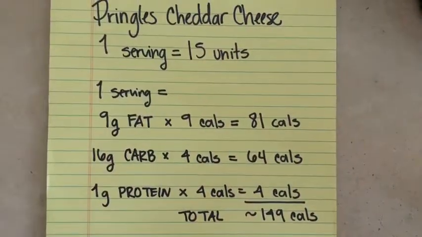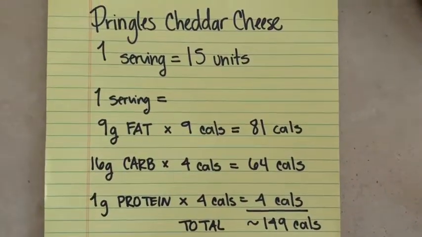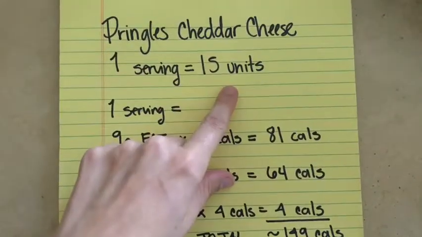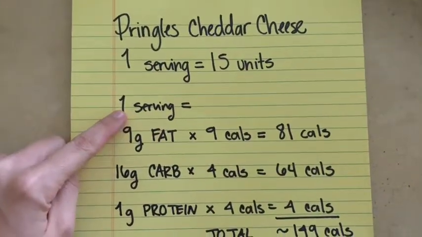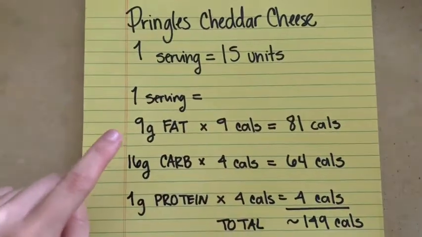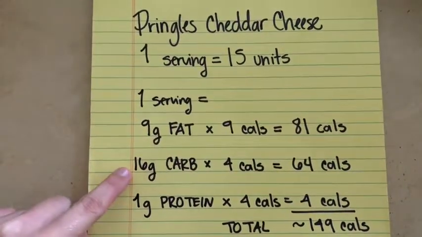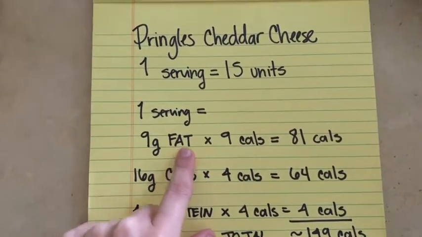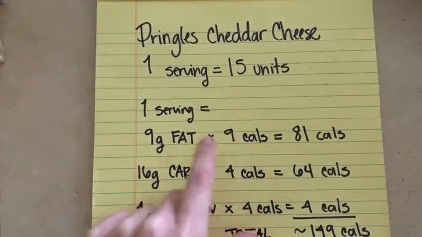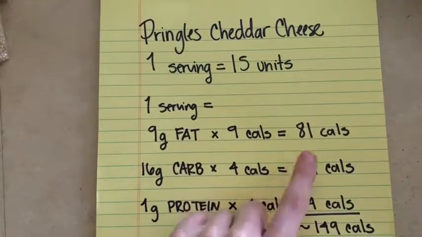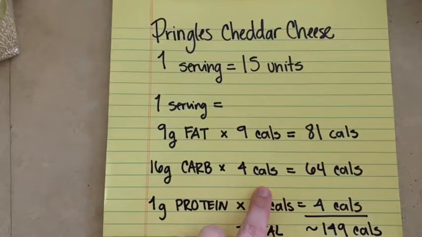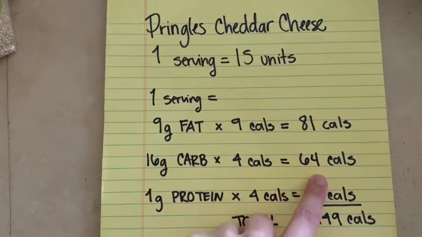So this is what it amounts to. Pringles cheddar cheese, one serving is 15 units, and one serving of 15 units has 9 grams of fat, 16 grams of carbs, and 1 gram of protein. 1 gram of fat is equal to 9 calories, so 9 times 9 is going to be 81 calories. 1 gram of carbs is equal to 4 calories, which equals 64 calories.